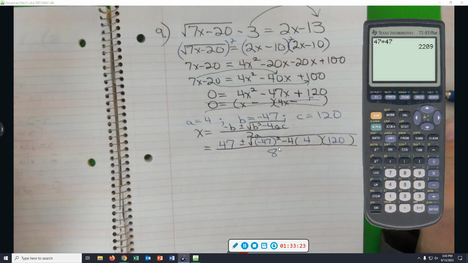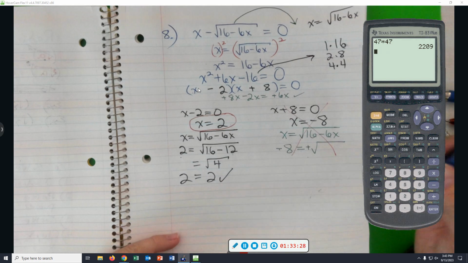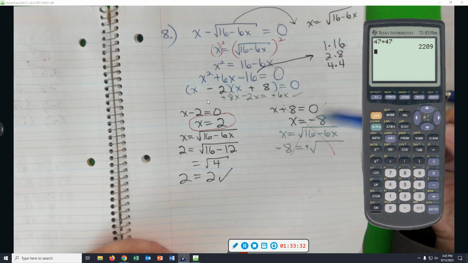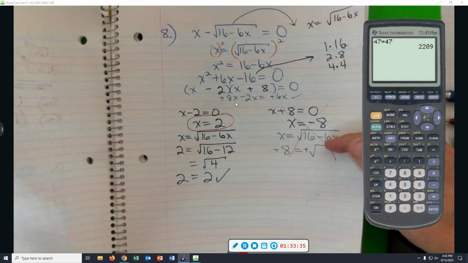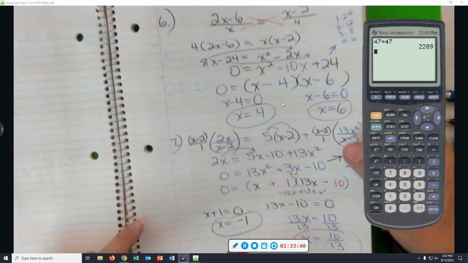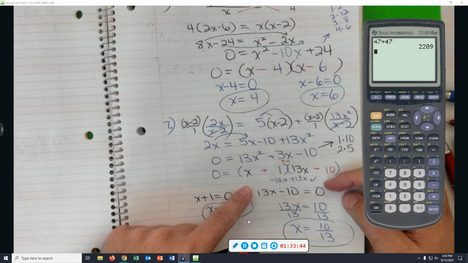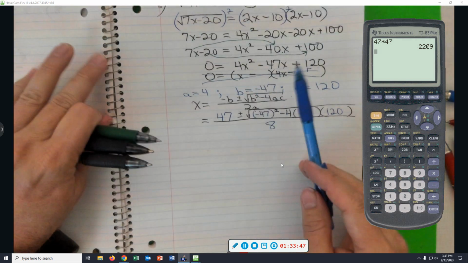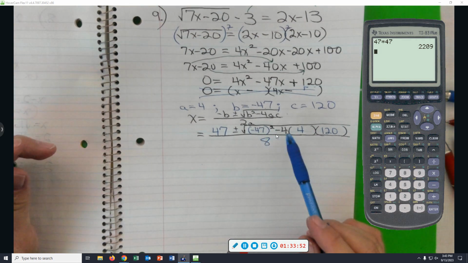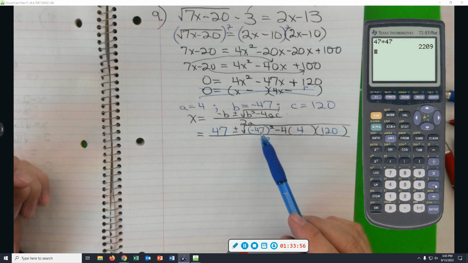Now, think about when we're solving by factoring. When we're solving equations by factoring, do we pick up square roots in our answer? If you're solving by factoring, you get rational numbers. We didn't have square root symbols popping up when we solved an equation by factoring, like here. If this equation really is factorable, that means the expression under the radical has to be a perfect square. So I've squared the 47. Now let me continue.